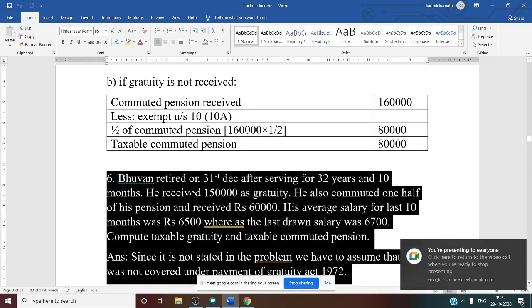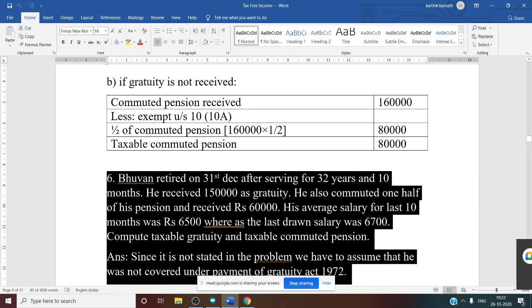Gratuity received is given. He received 1,50,000 as gratuity. He also commutes one half of his pension and receives 60,000. Here they have said one half of the pension he commutes. So what about the remaining half? The remaining half he receives in installments, and only the other half he receives as a lump sum. But the commuted pension rule is based on the full value of the commuted pension.